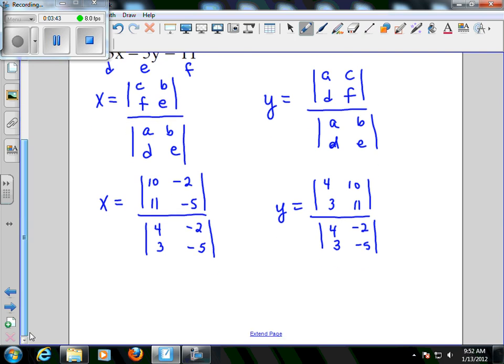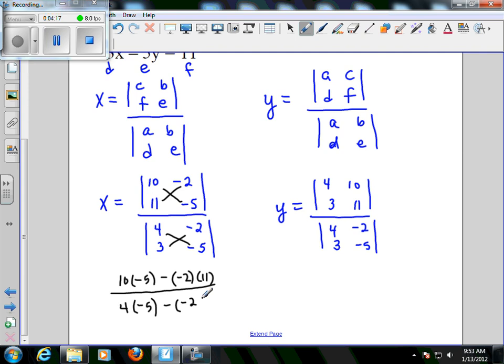Now we're actually going to find the determinant here. I'm going to change colors and make the x here connecting our numbers. So we've got 10 times -5 minus -2 times 11, all divided by 4 times -5 minus -2 times 3.